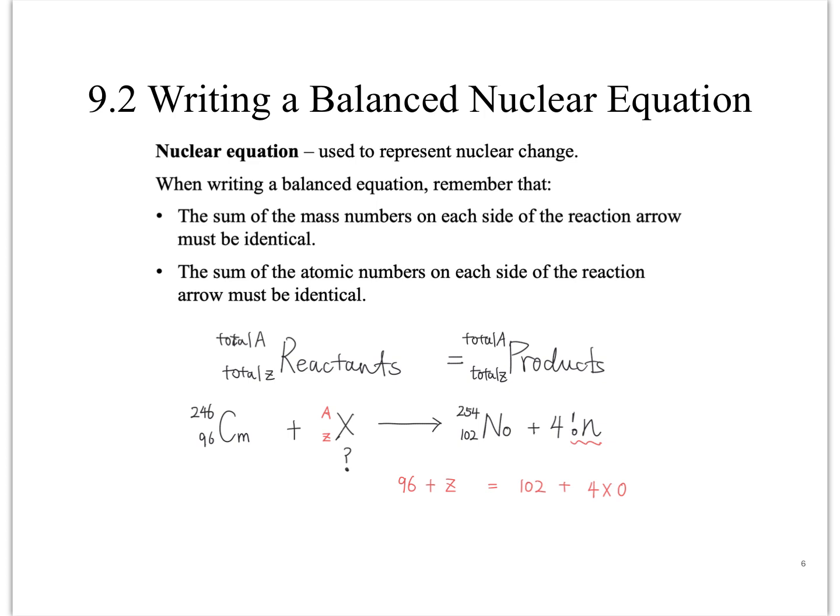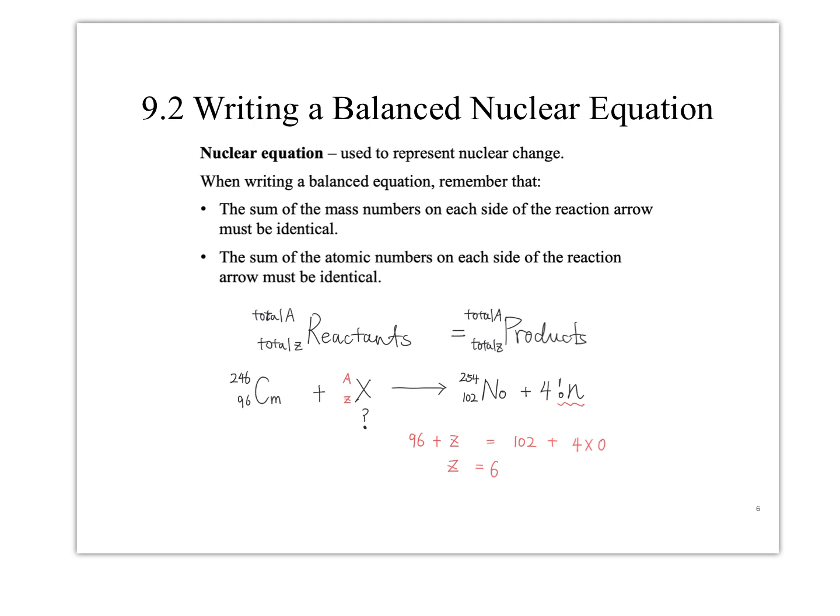All in all, solving here, Z equals 102 minus 96, which is 6. So Z equals 6. Immediately we know that X is carbon because the atomic number is 6.